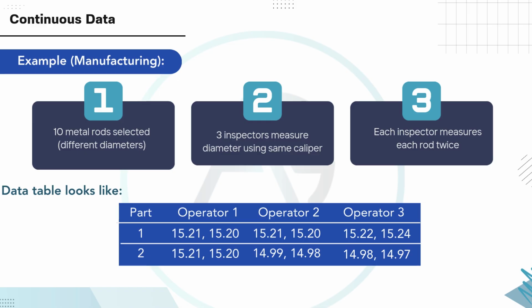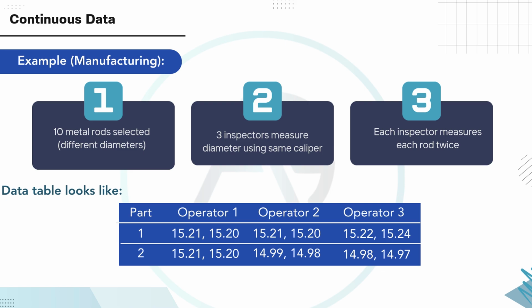This data matrix is then analyzed statistically to determine how much of the variation is due to the measurement system versus the actual parts. This example helps us visualize how the Gage R&R study is structured and why it's crucial in evaluating the reliability of our measurement process.